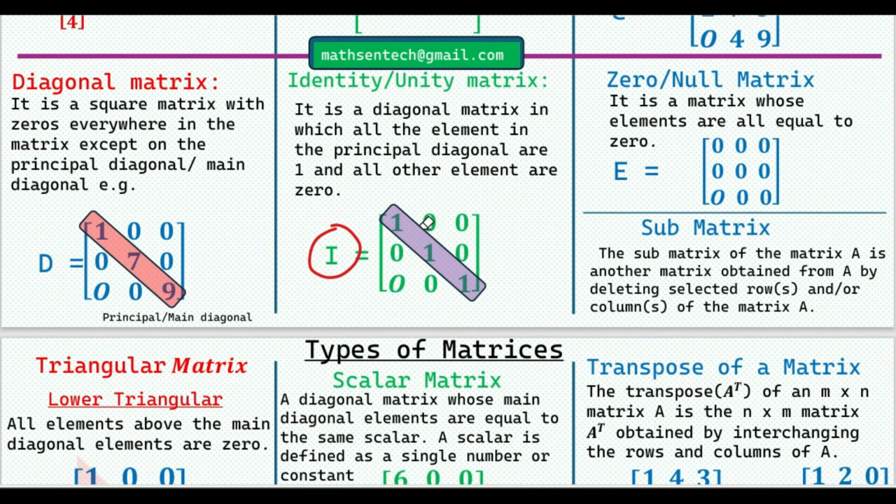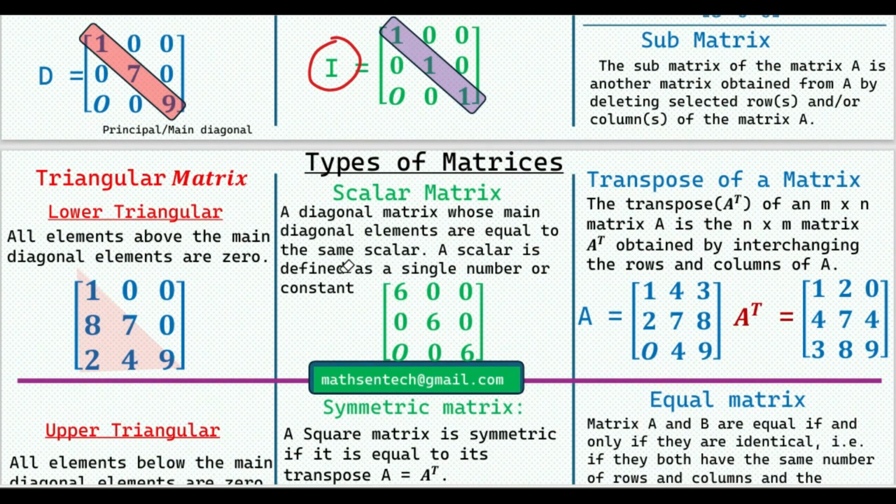But now we have a scalar quantity, which can be any single number or constant. So if you have 6, 6, 6, that's a scalar matrix. But assuming you have 5, 4, 4, 4, is that a scalar matrix? Of course the answer is no, because all the elements on the main diagonal must be the same scalar quantity. If they are not, that is not a scalar matrix.